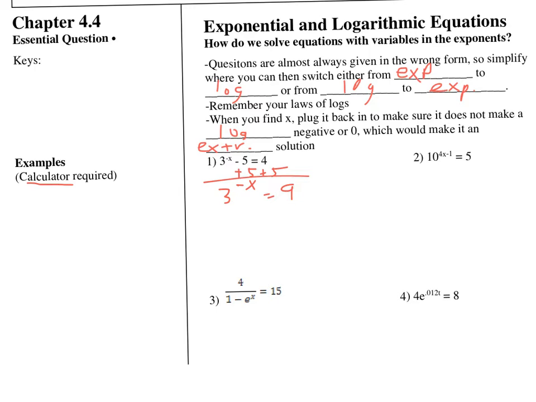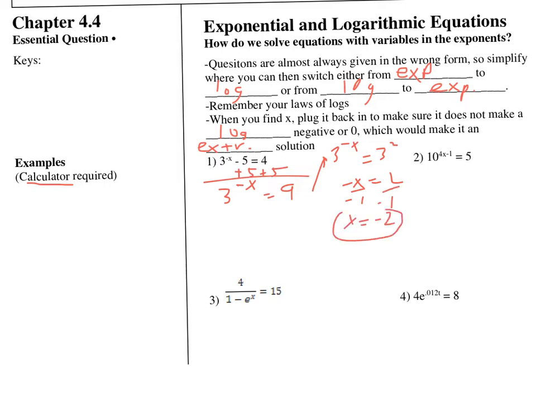Now, this one I can do without logarithms. So there's 2 ways to do this one. I could just say 3 to the negative x equals 3 squared, since 9 is 3 squared. And so I could say negative x equals 2 and divide that by negative 1. So x equals negative 2.